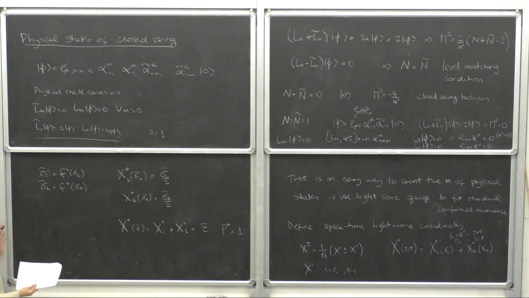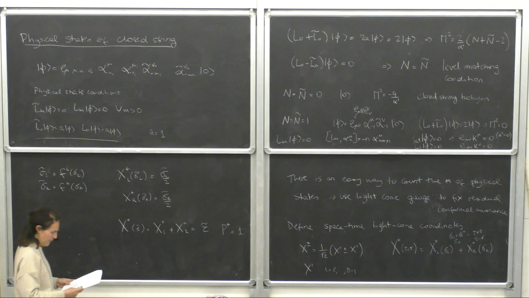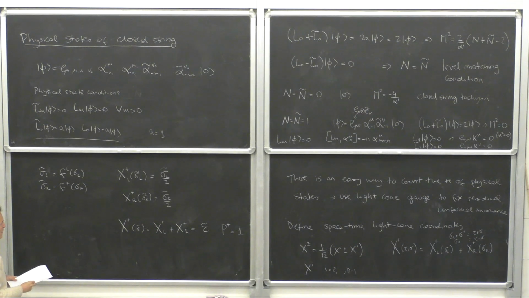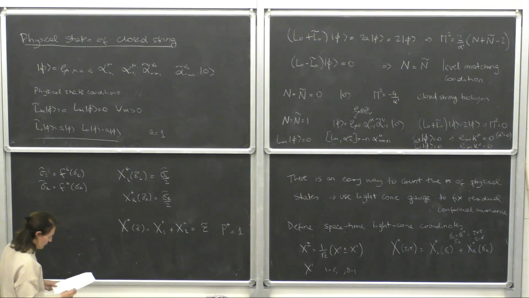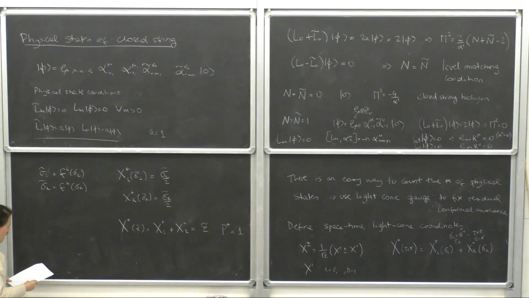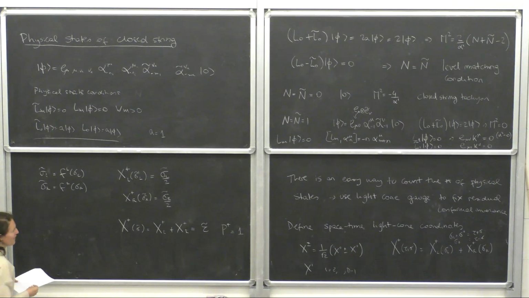If I want to compute the norm of p, I have to do p plus and p minus. I haven't talked about p minus yet, and there are no oscillators in the plus direction. This is a bit awful just to say something, but I wanted you to believe it.